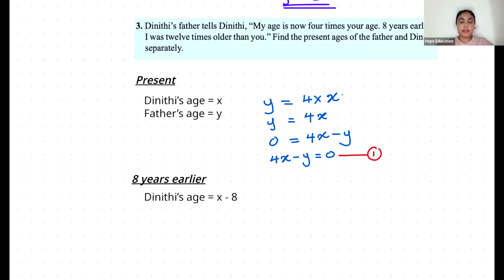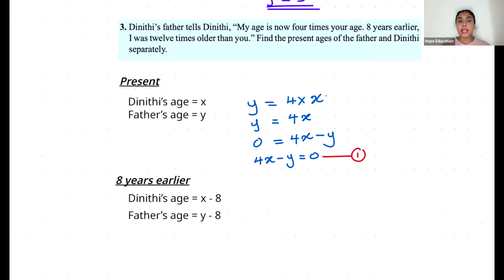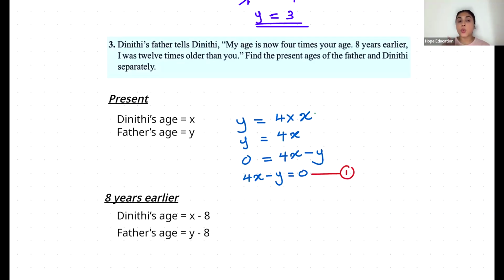Then what would be the father's age 8 years earlier? Now father's age is y. So 8 years earlier would be y minus 8. Now let's look at what they're saying. 8 years earlier, I was 12 times older than you. 8 years earlier, I, that means father's age, was 12 times Diniti's age, 12 multiplied by Diniti's age.